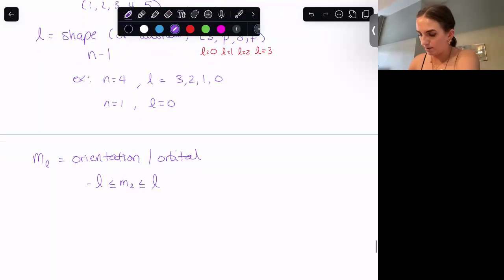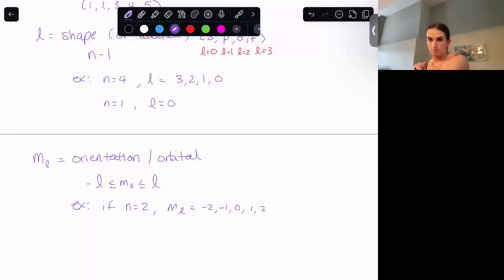So, as an example, if l is equal to 2, m sub l equals negative 2, negative 1, 0, 1, 2. Okay, questions there?